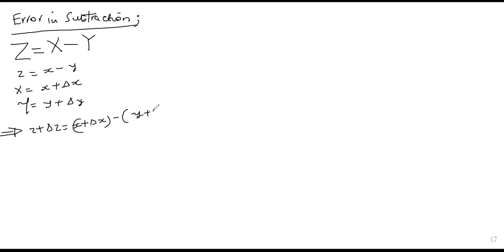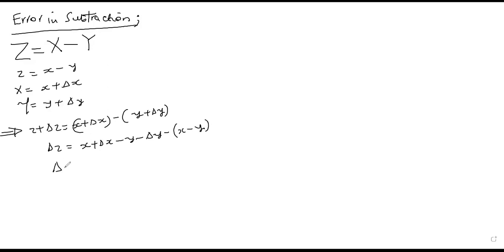y plus delta y. So it would mean that our delta z is going to be equal to x plus delta x minus y minus delta y, then minus x minus y.